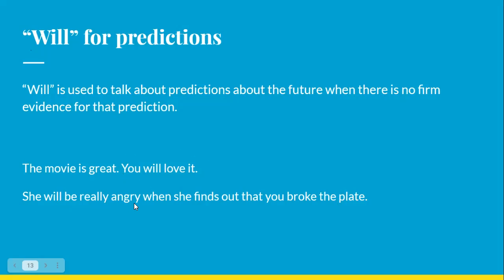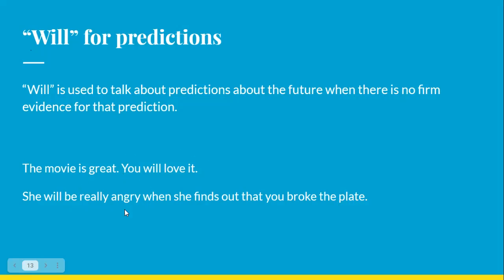She will be really angry when she finds out that you broke the plate. Again, there's no evidence for this. We just think it depends on her mood whether she'll be angry or not.